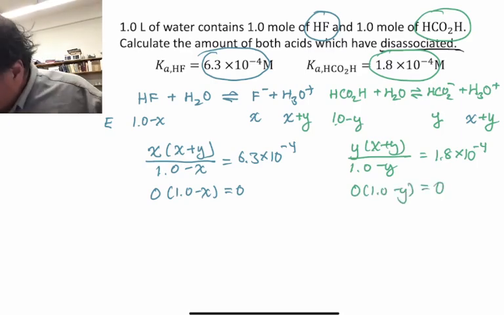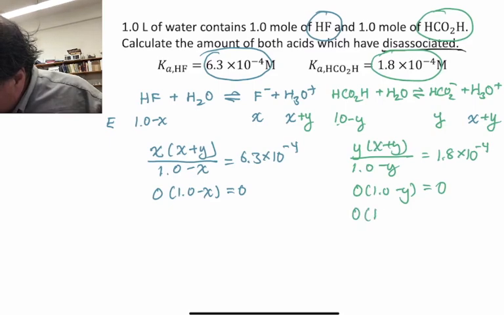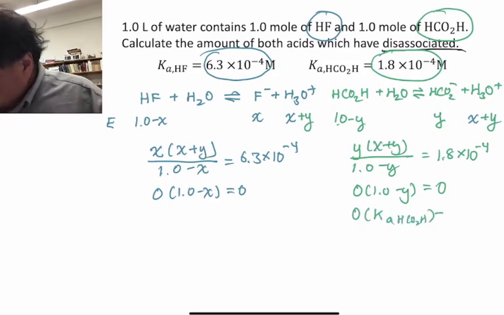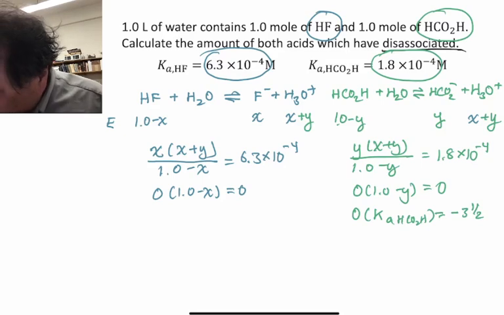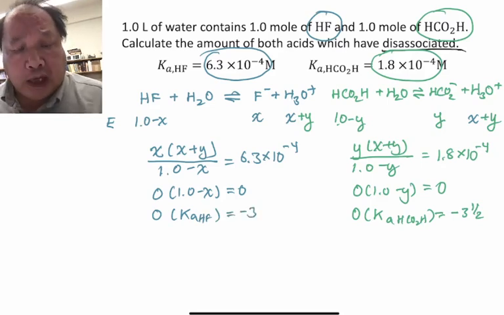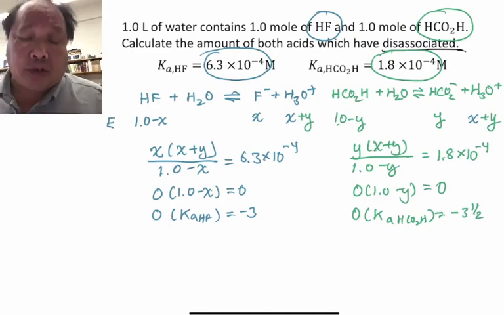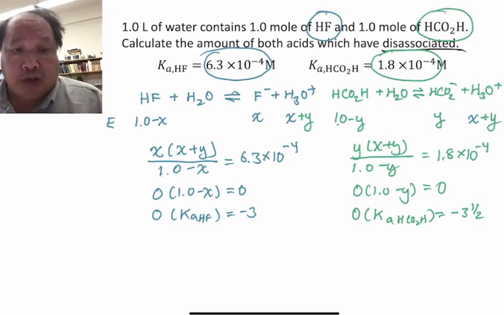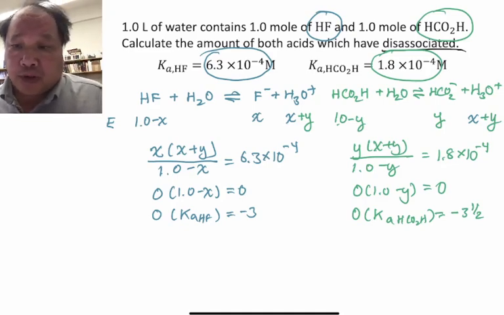We know the Ka's: the order of magnitude of the Ka of HCO2H, we're going to take it as minus 3.5. And the order of magnitude of Ka of HF is negative 3.